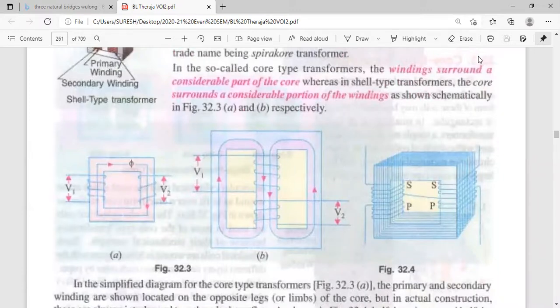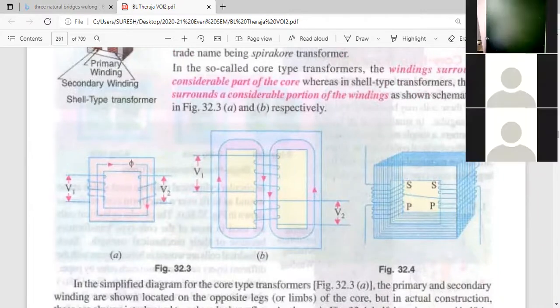I'm drawing the diagram on the board, you can see. What is this that I have drawn on the board? Iron piece or coil? Core or coil? Core. I have drawn a rectangular iron piece. Now I am drawing the coil, the copper wire.